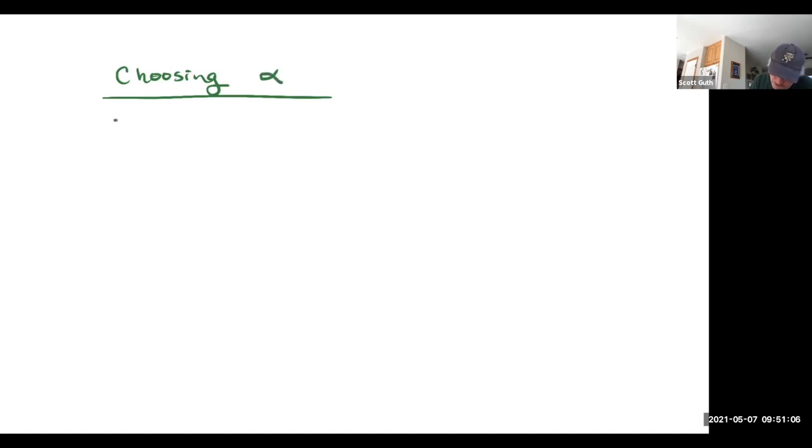First, you have to know about errors. Alpha is chosen to minimize a certain type of error. There are basically two types of errors we can make in a hypothesis test.